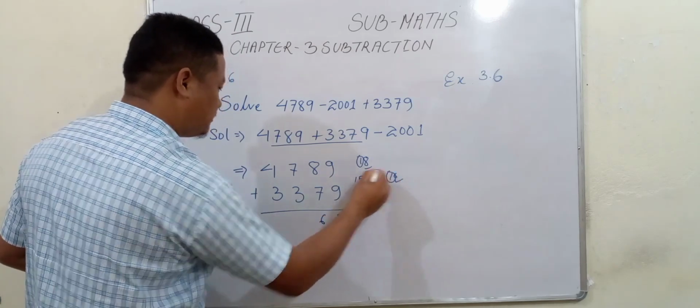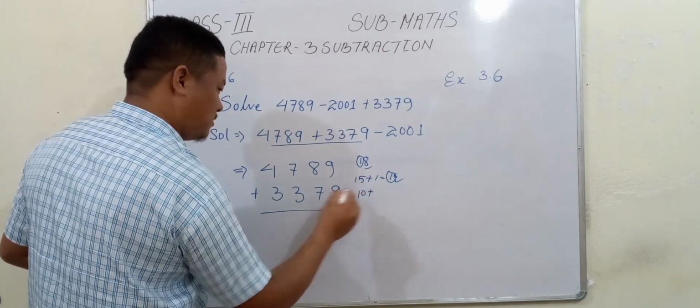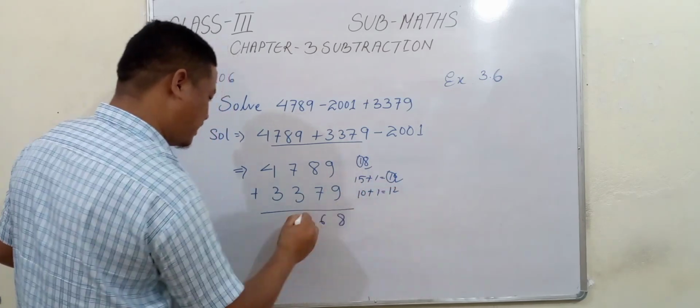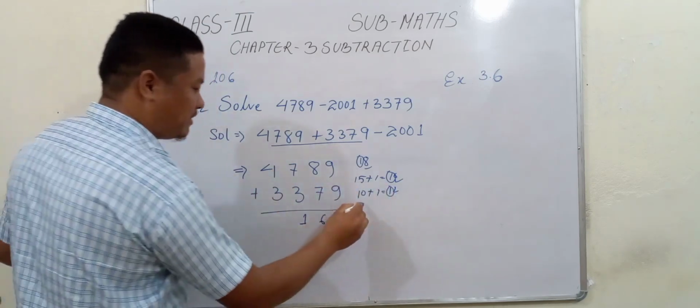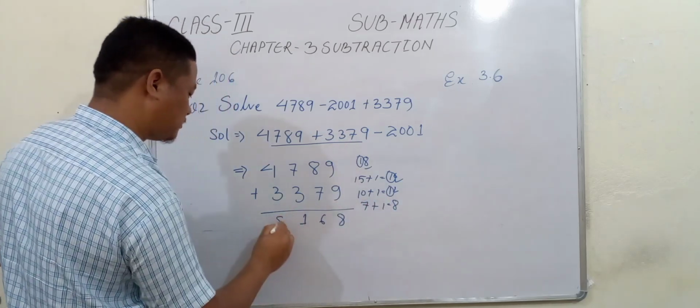Again 1 is remainder. 7 plus 3, 10. Plus remainder 1, 11. 1 will write here. Again 1 is remainder. 4 plus 3, 7. 7 plus remainder 1, 8.